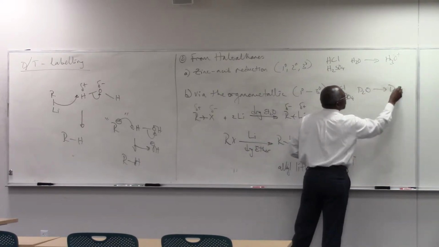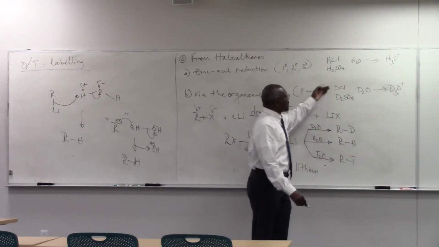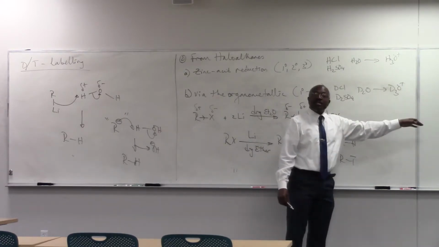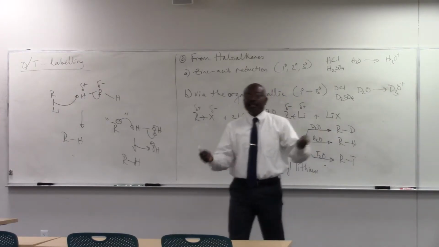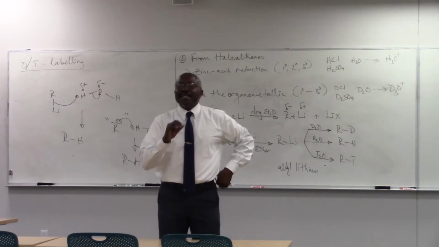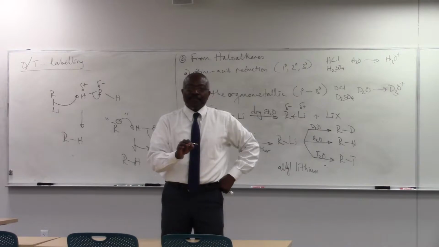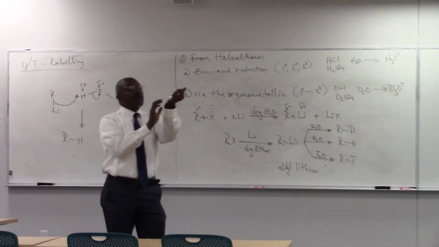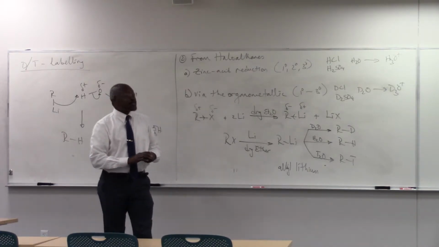If I want to make T3O+, I'll dissolve TCl, T2SO4 in T2O. Anything H can do, D can do, and T can do. The only issue is because D and T are so rare, they're very expensive. So if you want to do chemistry to put in tritium or deuterium, you pay through the nose for it. It's actually quite expensive.